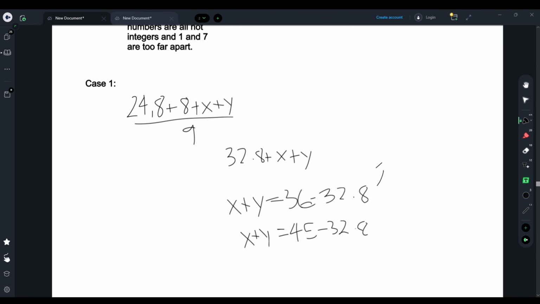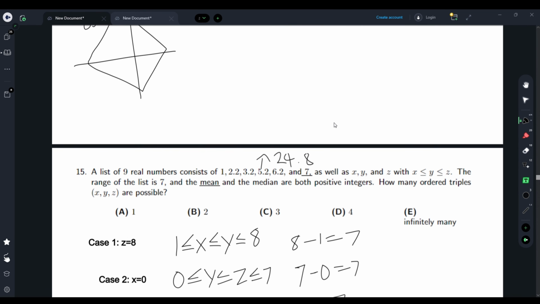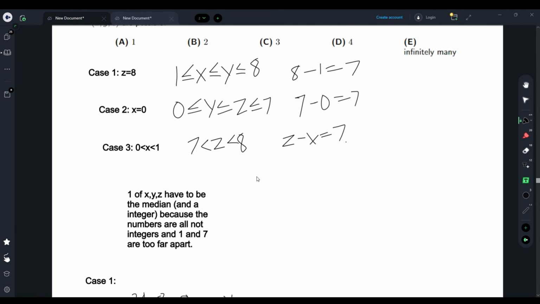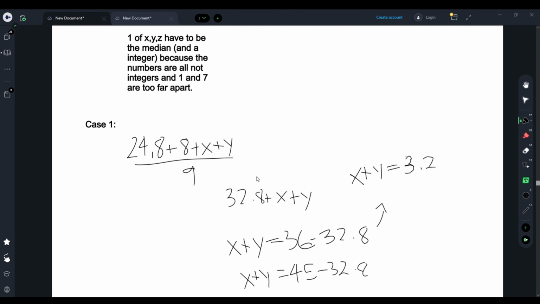The issue with the top one is that x plus y is equal to 3.2, and obviously 3.2 is not big enough to be included in the median, because it has to be greater than 3.2 to be included as the median, and x has to be greater than or equal to 1 in this case.